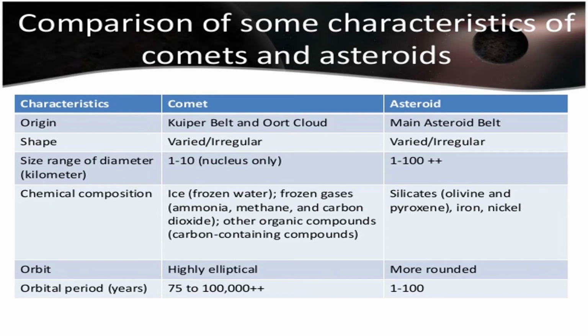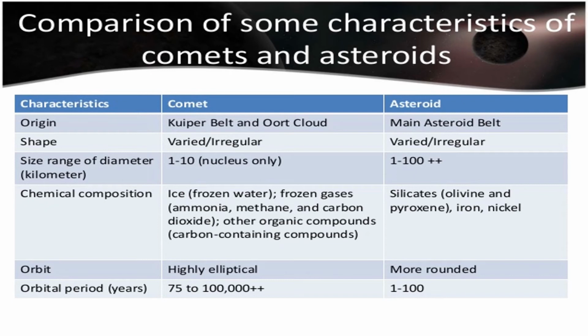For chemical composition, the comet is ice, frozen water or frozen gases: ammonia, methane, and carbon dioxide, and other organic, carbon-containing compounds.